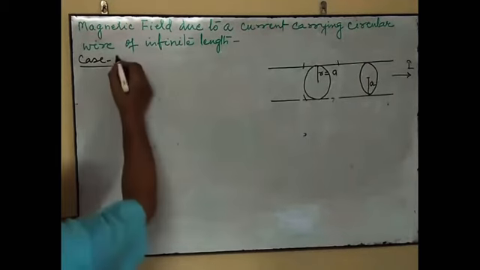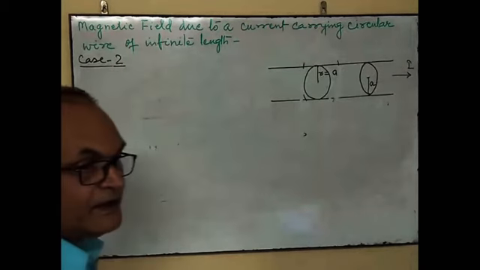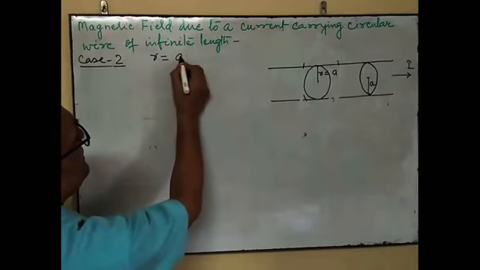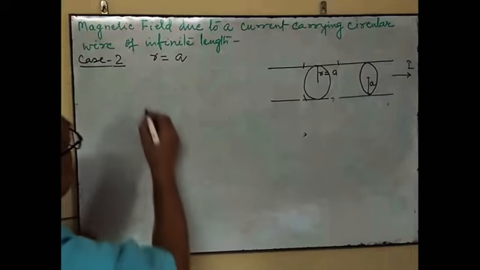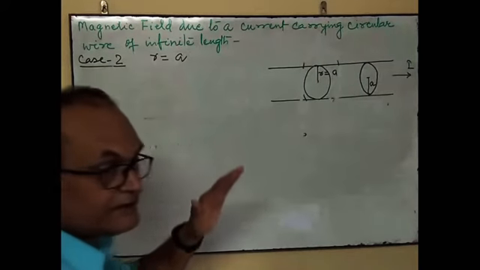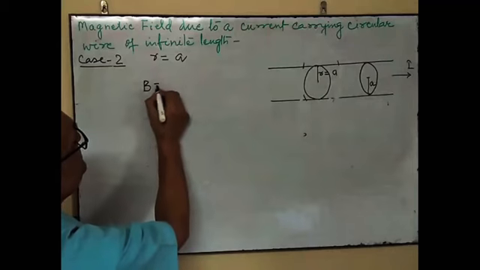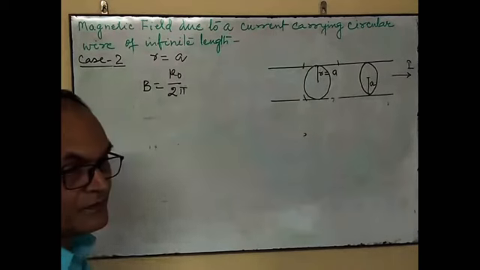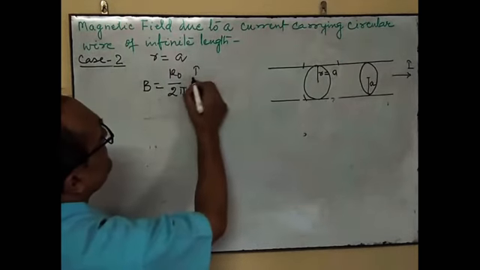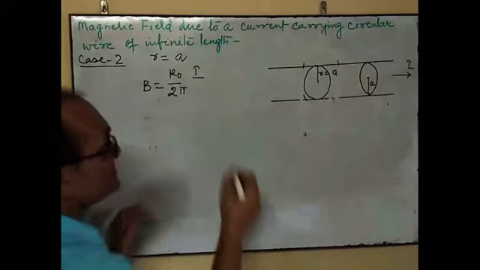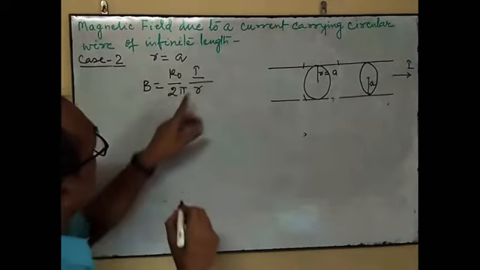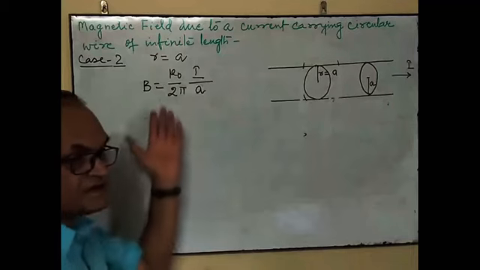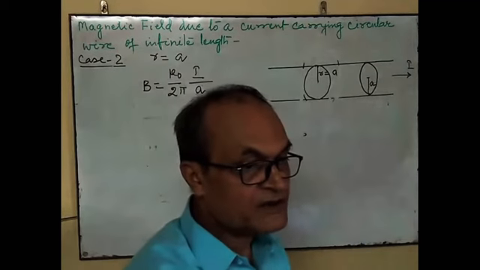In case number 2, when r equals a, the earlier equation B equals mu naught by 2 pi, I by r, becomes I by a when r equals a. So this is the magnetic field on the surface of the wire.